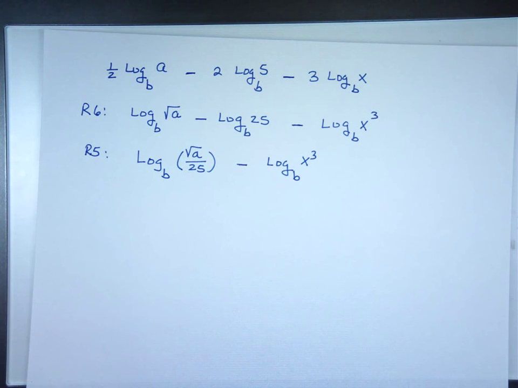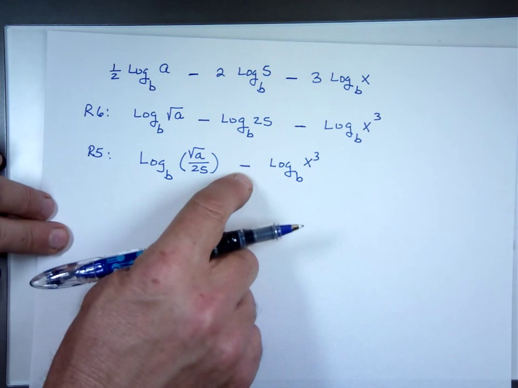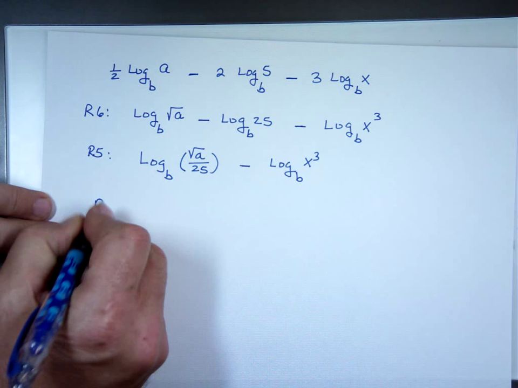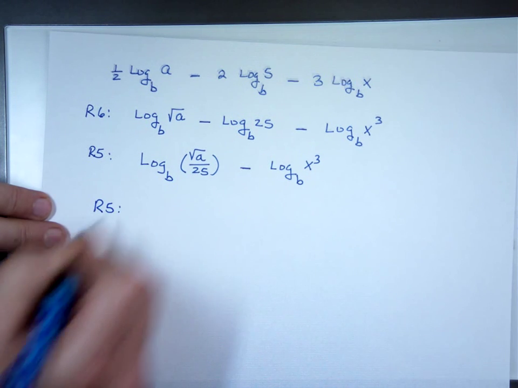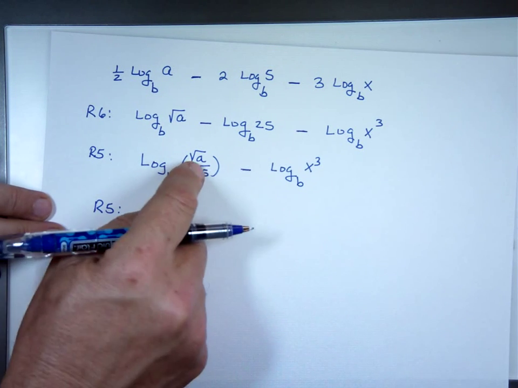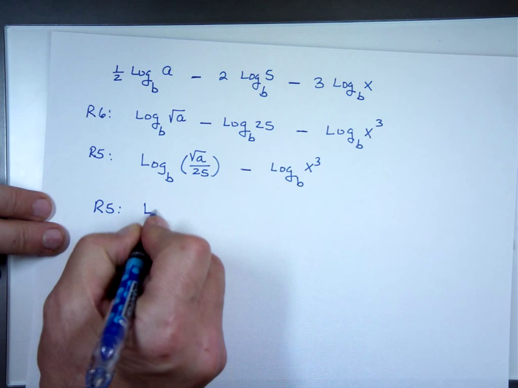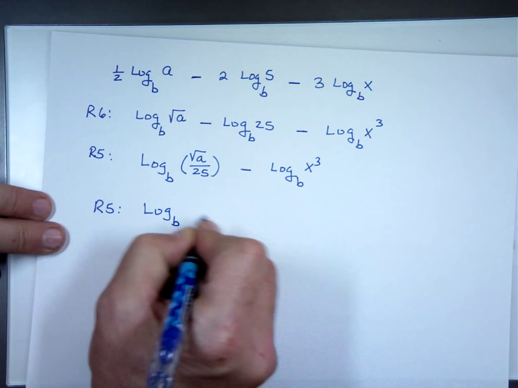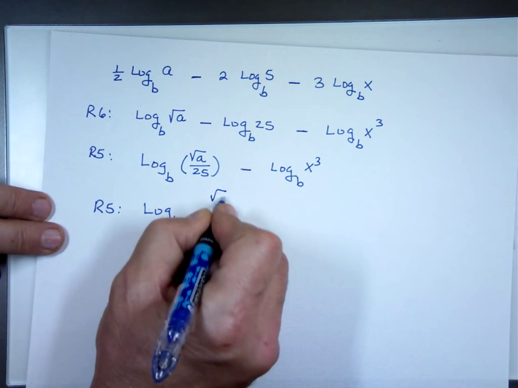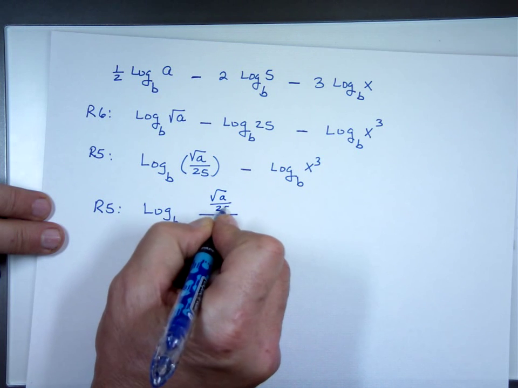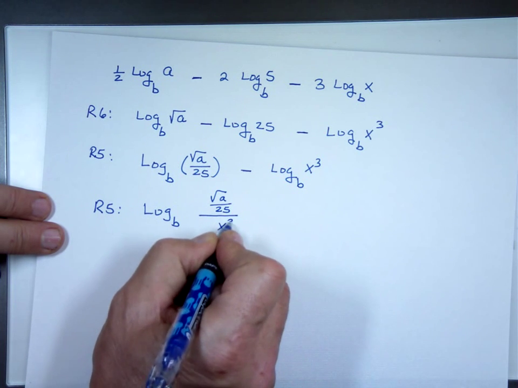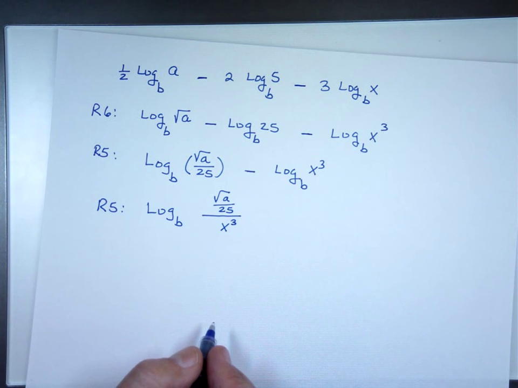That's again subtraction. That used to be rule what? 5. Again, it's this one divided by that one. So if you simplify this, this is over 1, right?